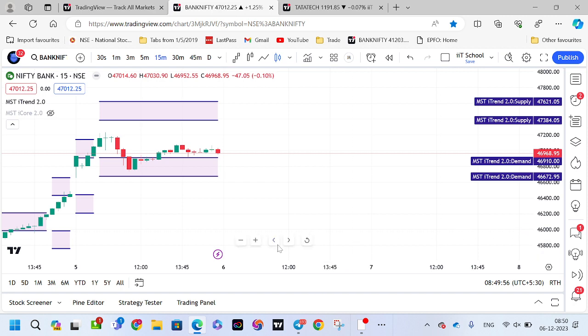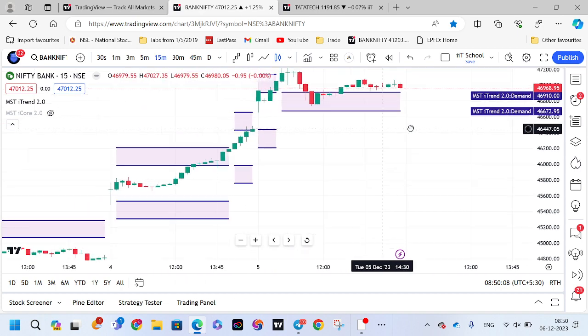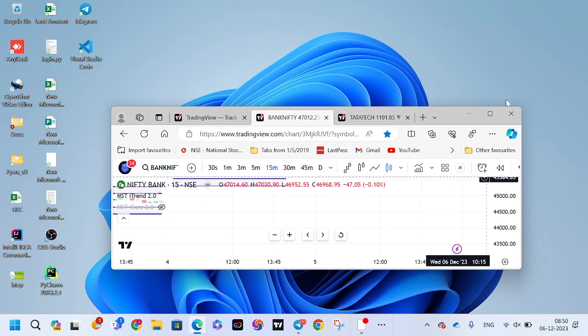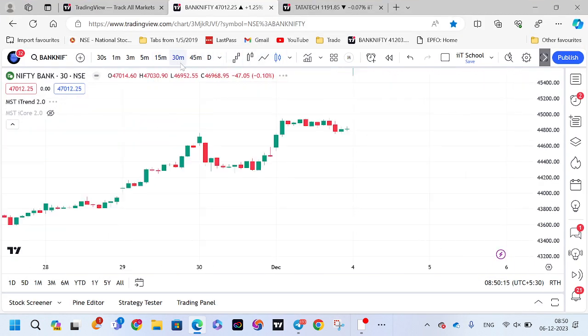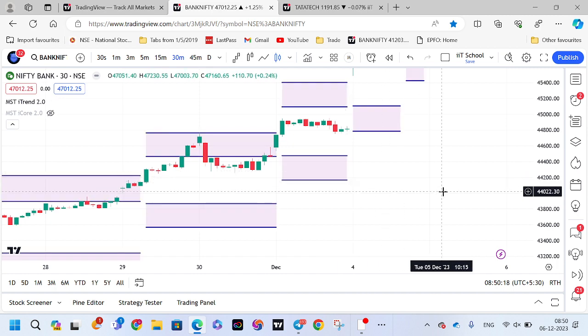It will show you the exact reversal point. So when we got the reversal point, December 5, that is extra, we got buy entry here, and previous day. For better accuracy, you can keep it in 30 minutes time frame. The higher the time frame you have, the more accuracy you will get.